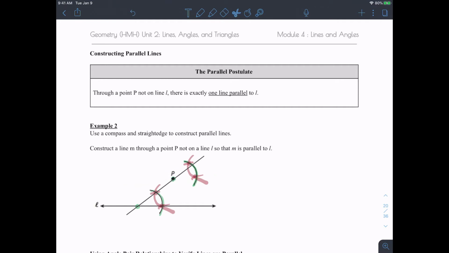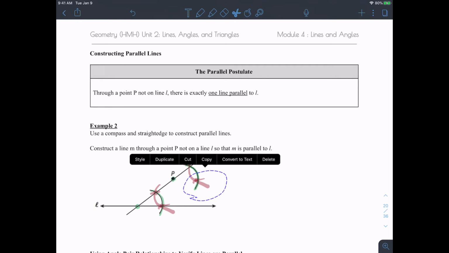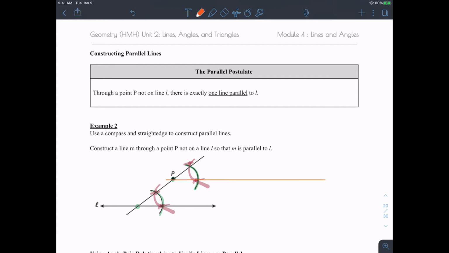I should have brought that down just a tiny bit here. Something like that. And then if you draw a line straight through, it should come out parallel. That's a little bit off, but if you had a piece of paper, that should come off.